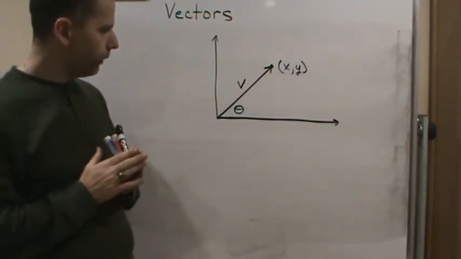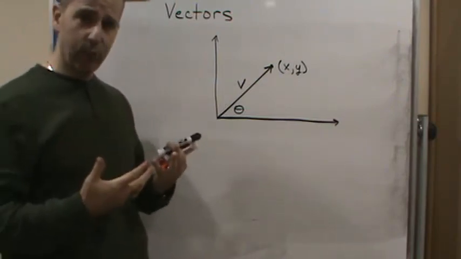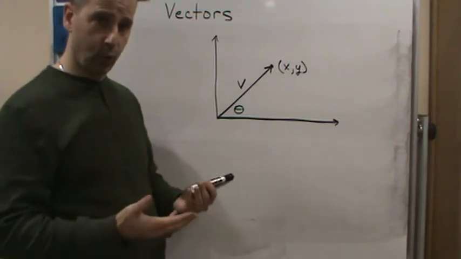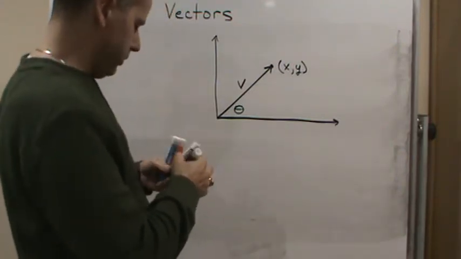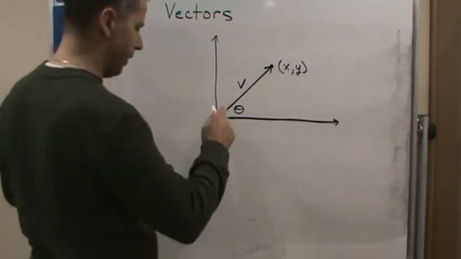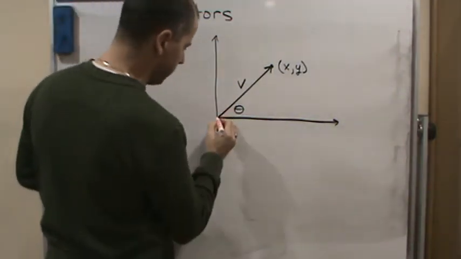Well, it's exactly the same way we did it when we were dealing with polar coordinates. So if we know the component vectors, I'm not going to draw the component vectors, but I'm going to draw them this way.